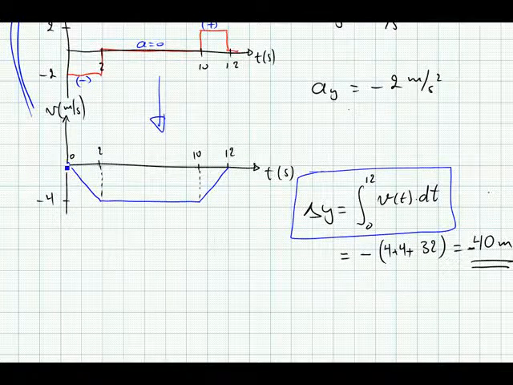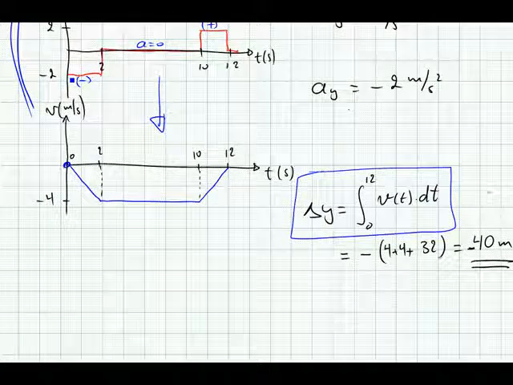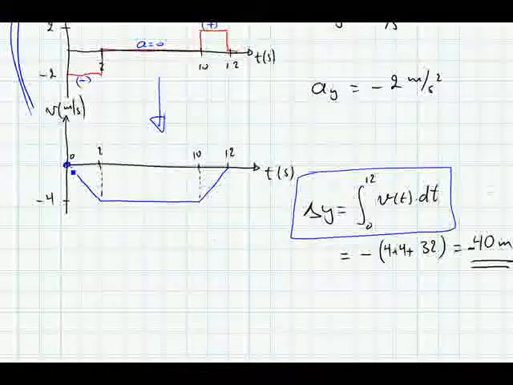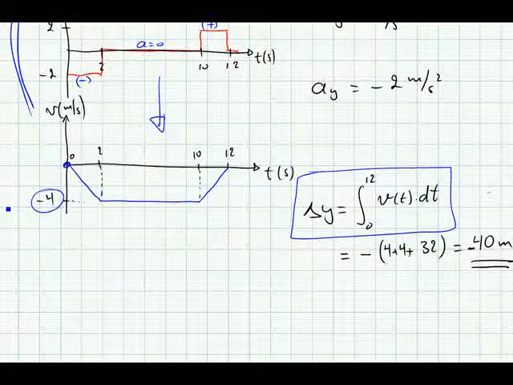Well, for t equals 0 seconds, we start at rest, and then we have an acceleration of negative 2 meters per second squared, which means that in 2 seconds we reach a value of minus 4 meters per second.